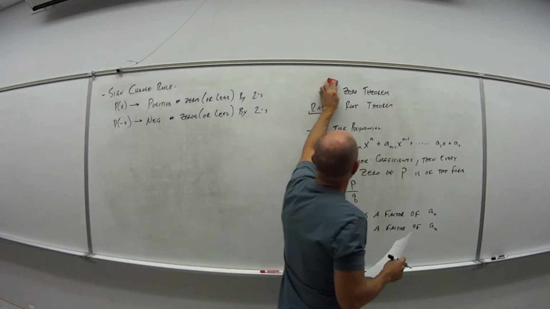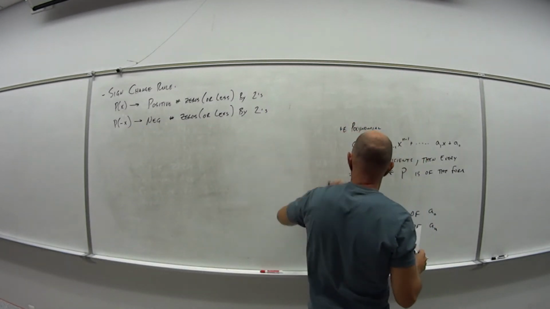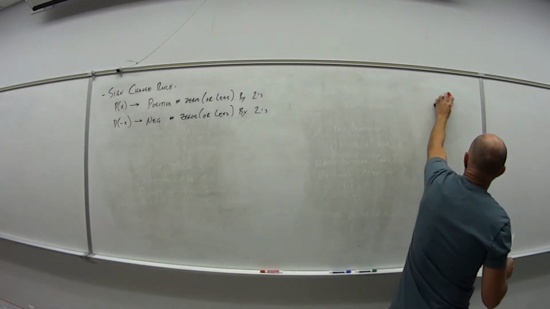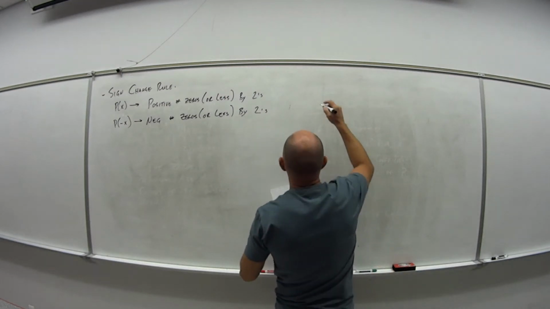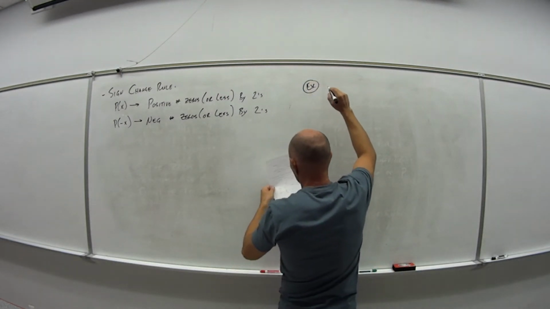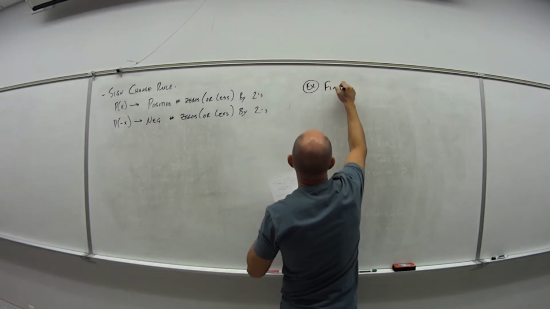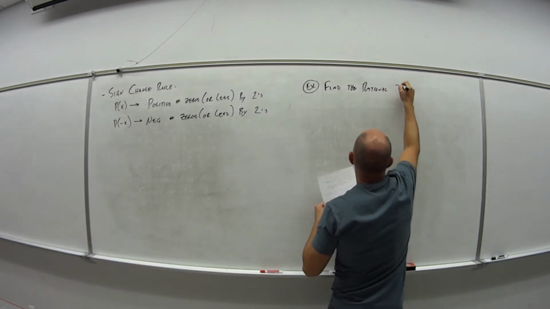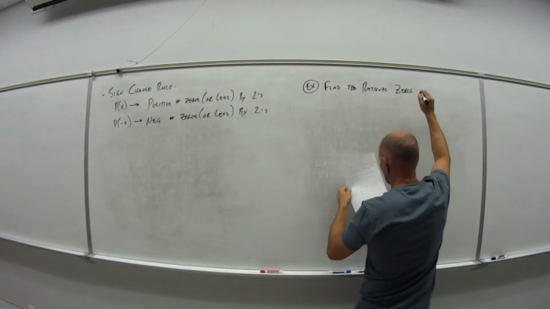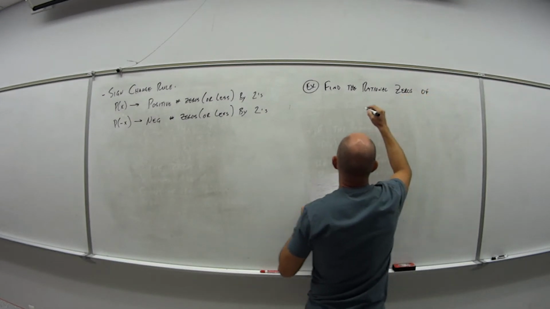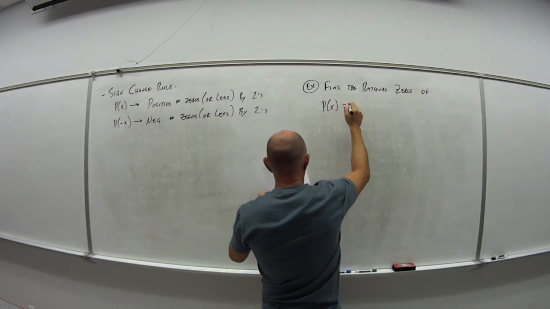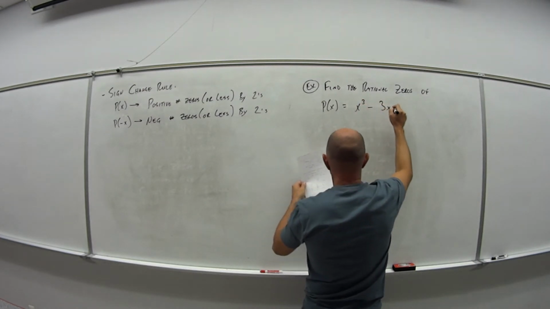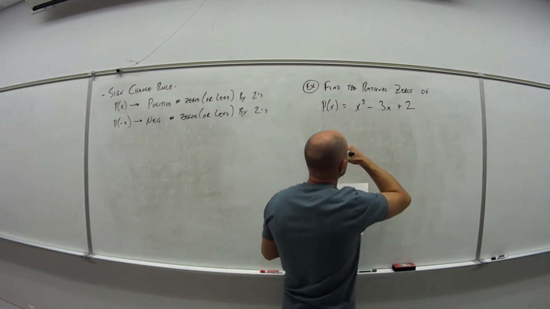So now let's look at an example using both of these, our rational root theorem, as well as our sign change rule, to get an idea of how many positive or negative roots we have. So, an example, find the rational zeros of p of x is equal to x to the 3rd minus 3x plus 2.